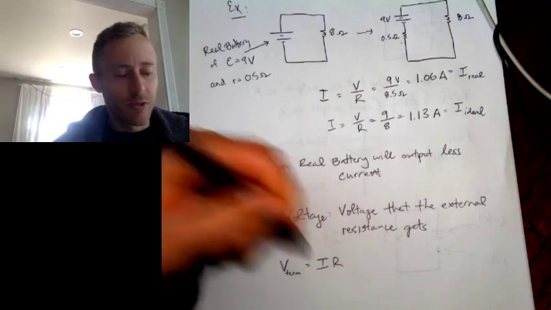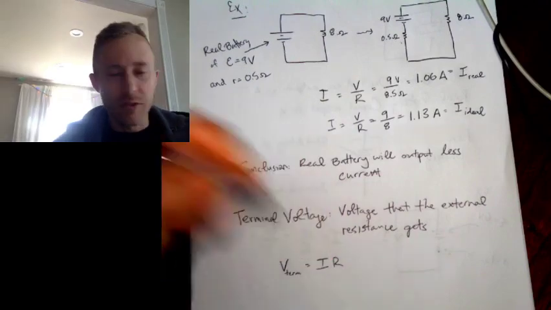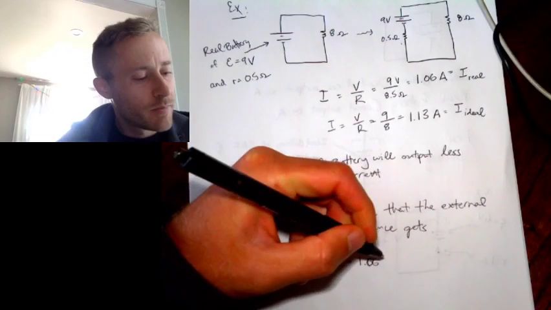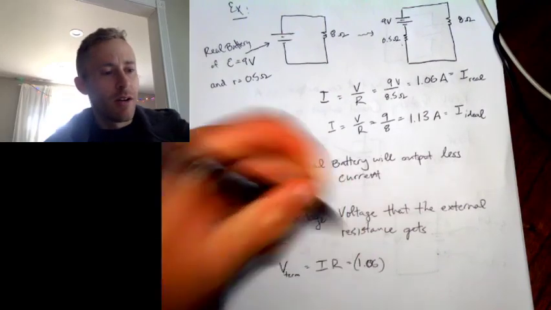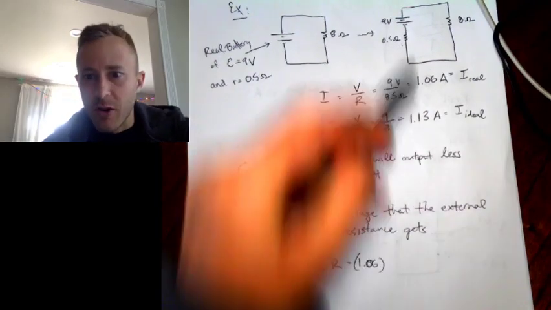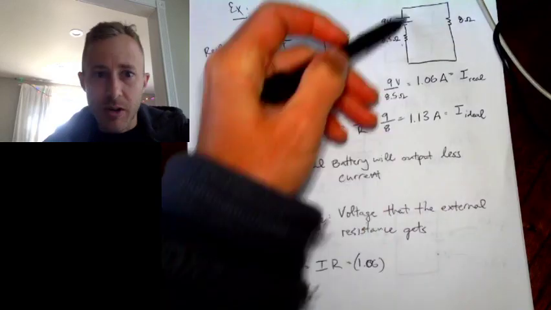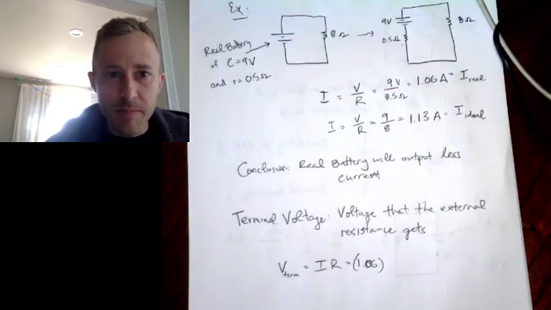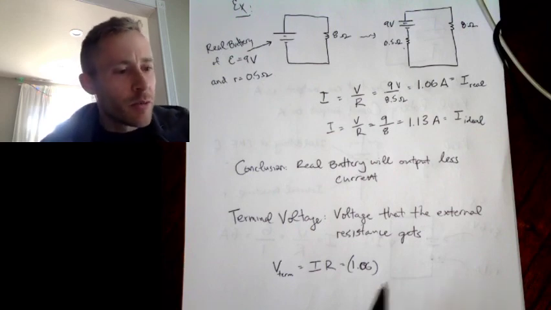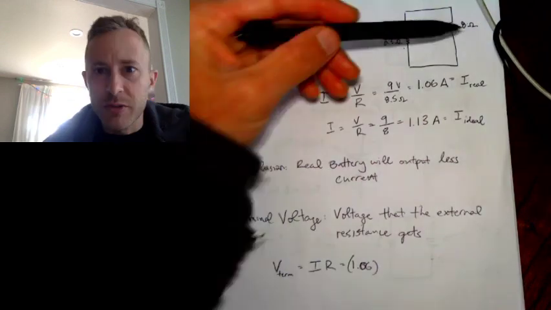The amount of current that flows in this circuit is 1.06 amps. And it's all the same current because it's a series circuit and SIPOV. So because SIPOV, it's 1.06 amps. And then the resistance is the external resistance, 8 ohms, excuse me.